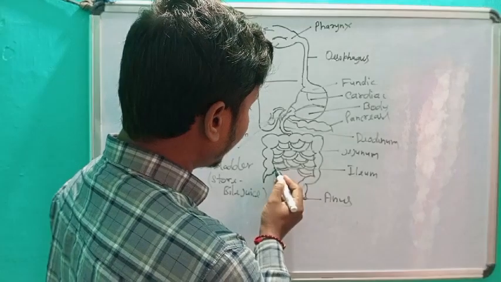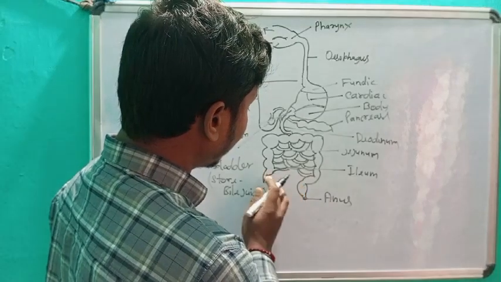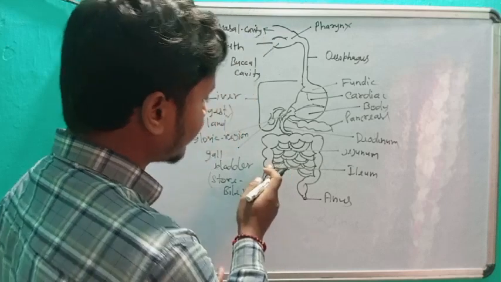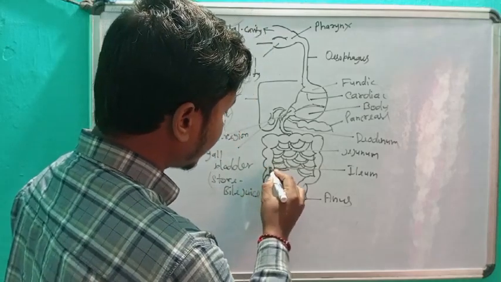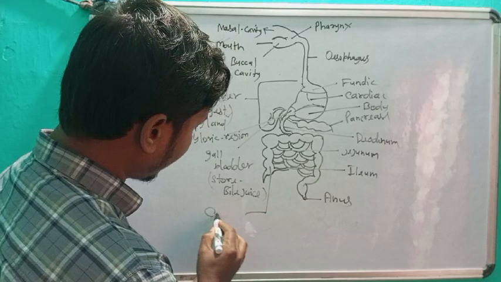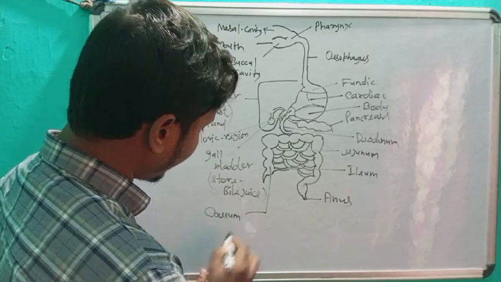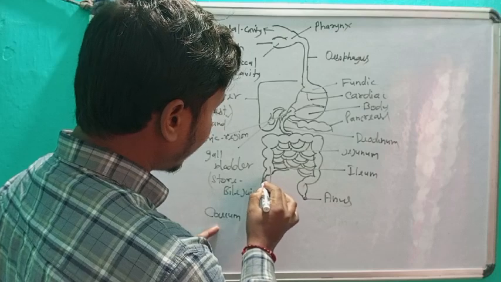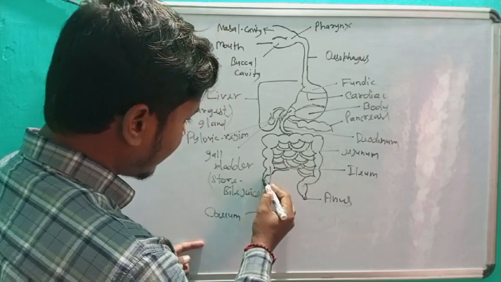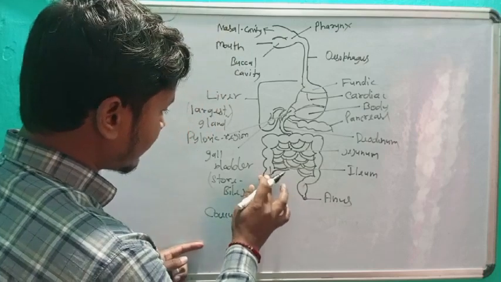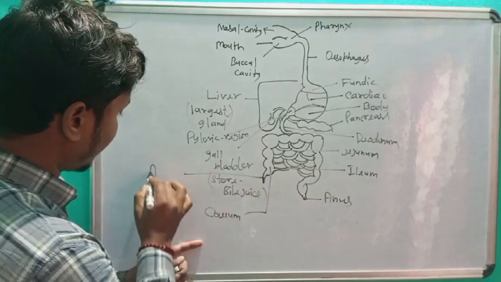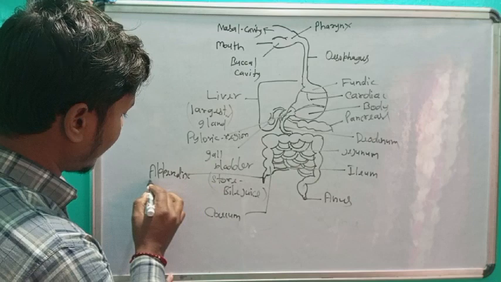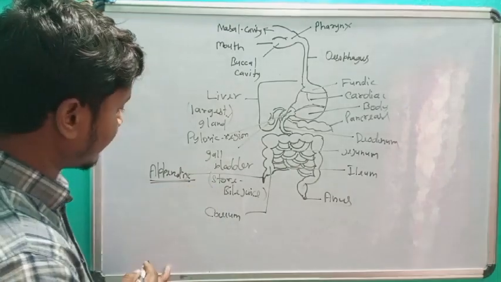The ileum enters into the cecum region of the large intestine. This portion is the cecum, part of the large intestine, and this portion is known as the appendix. The appendix is a vestigial organ.